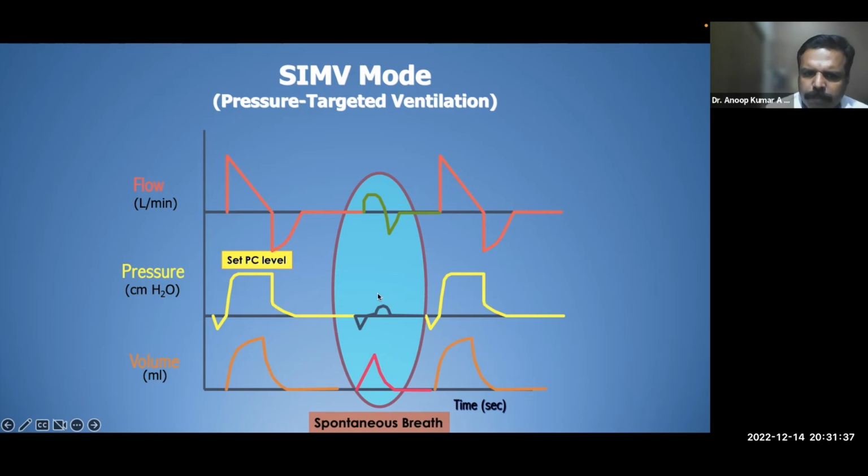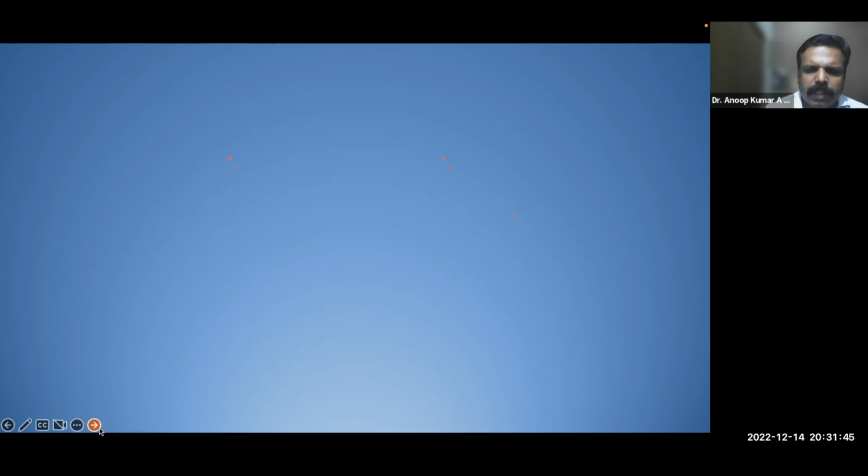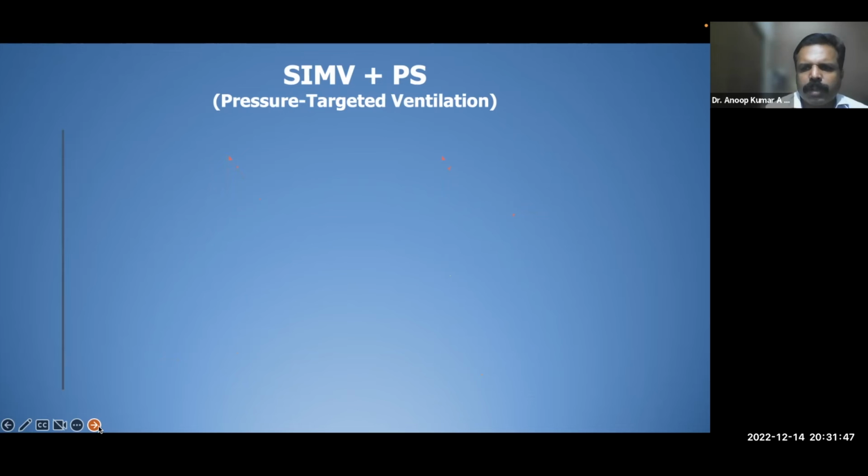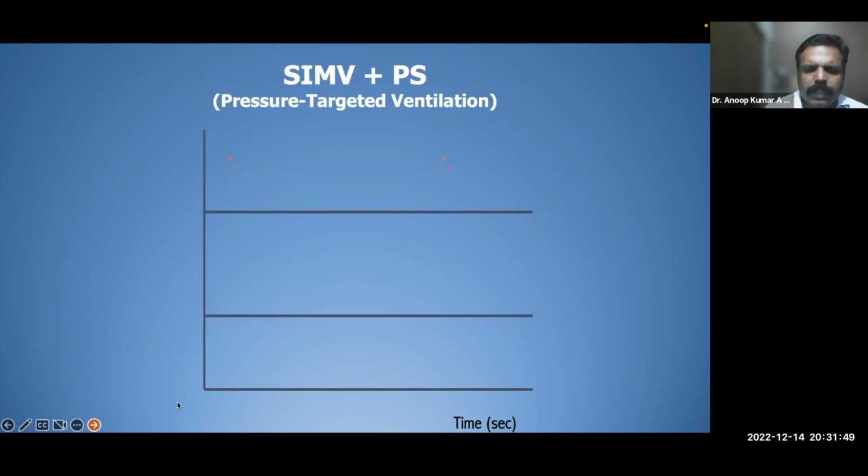If you want to improve the tidal volume of the spontaneous breath, what do we have to do? We have to add pressure support. So in the next slide, you can see SIMV pressure control with pressure support. Here you can see the spontaneous breath in between like the previous mode, but the difference is, just watch this graph. This is the flow happening.